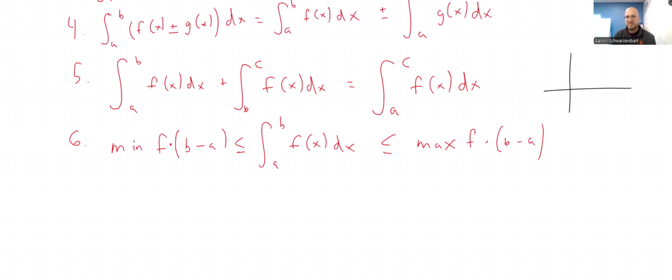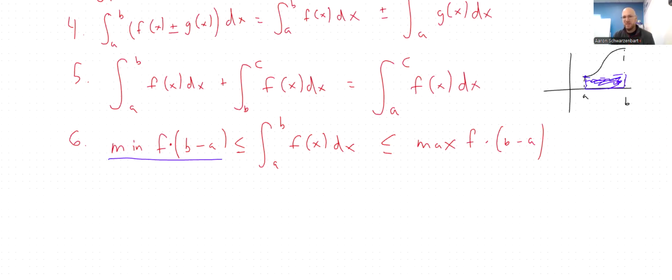So we're going to say this is a to b. The minimum f is here. The minimum f times b minus a is this area. Clearly that's less than the area under the curve, isn't it?